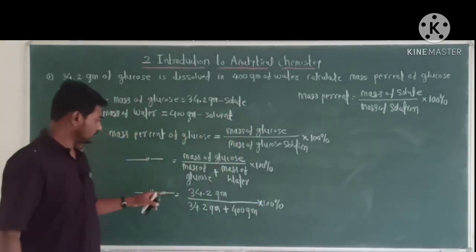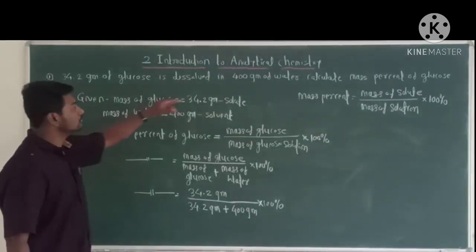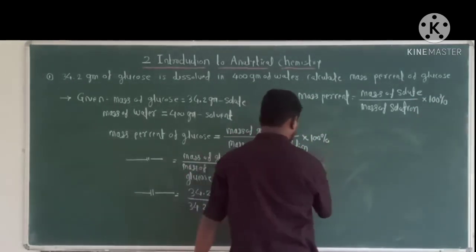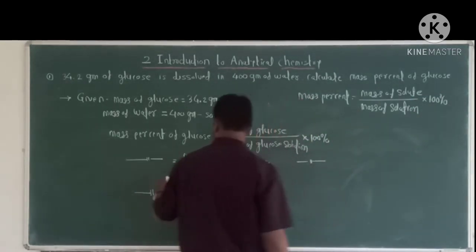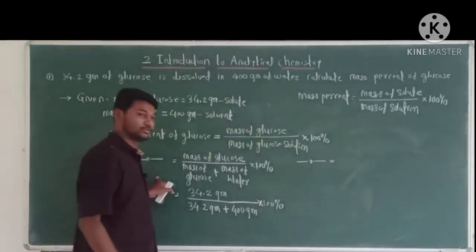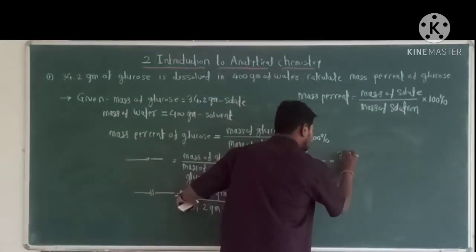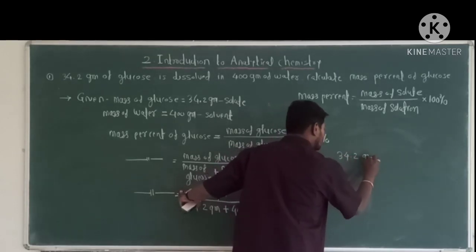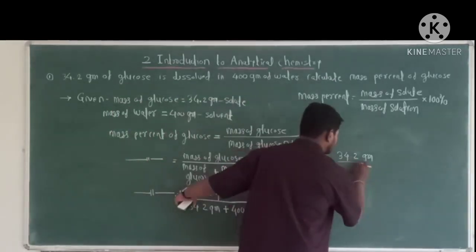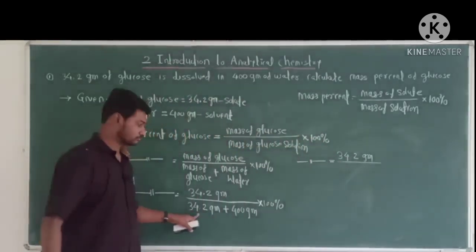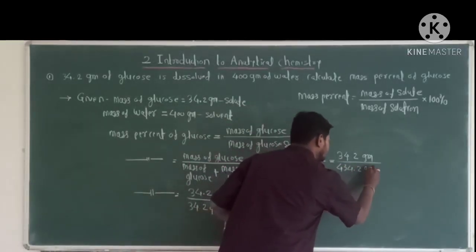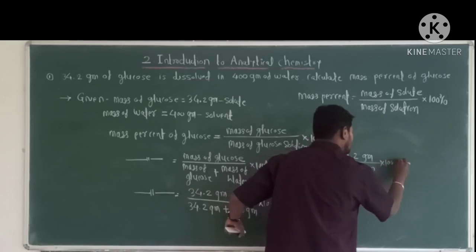Solving this equation, we get the mass percent of glucose. Mass percent of glucose is equal to 34.2 gram divided by 434.2 gram into 100%.